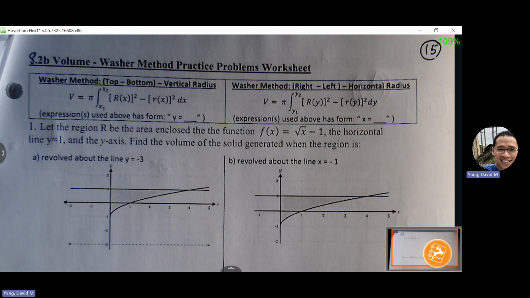If you see a horizontal radius, it's always going to be right minus left, and your equation has to be in the form x equals.